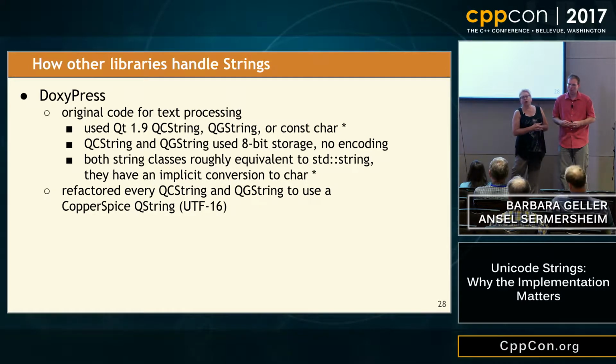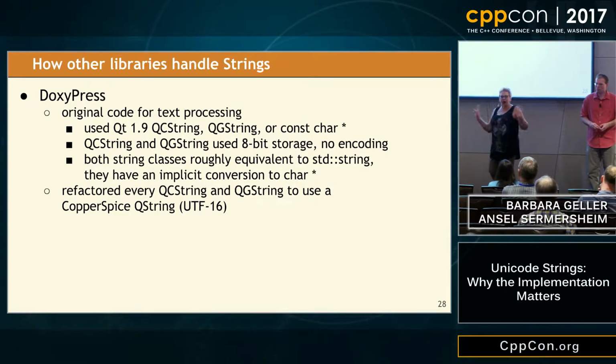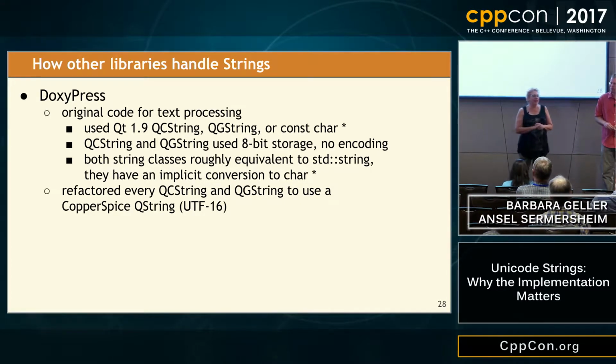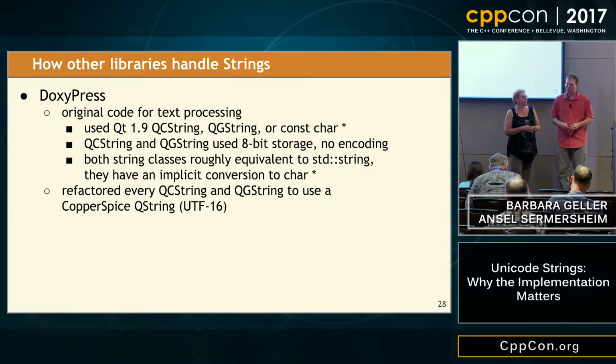Ironically, we found problems. The original versions dealing with DoxyPress use things like QCString, and these were way back in the late 1990s, like 1999, a long time ago. And these weren't actually handling strings the way we think of them.